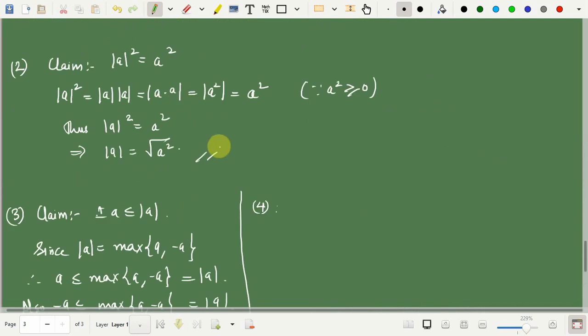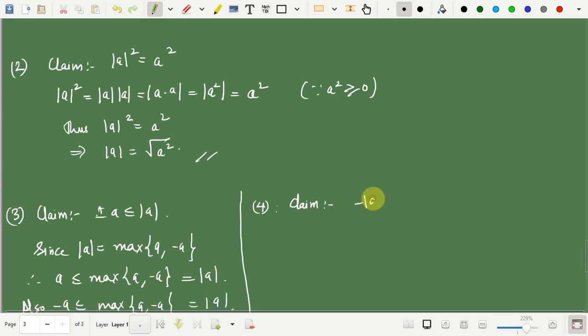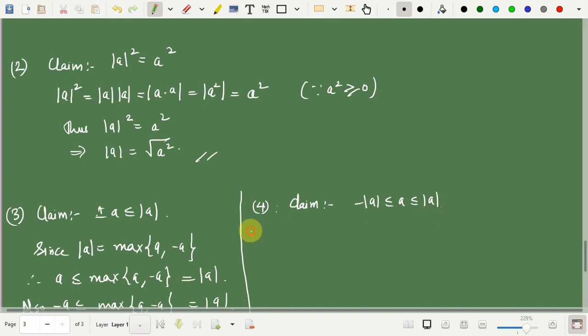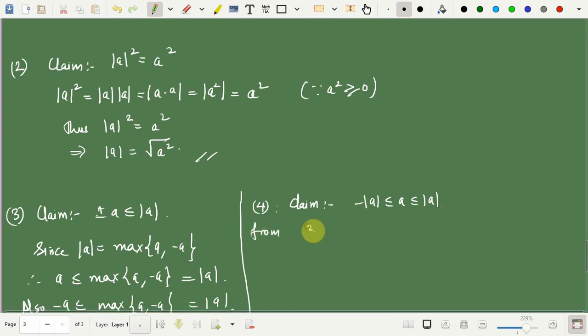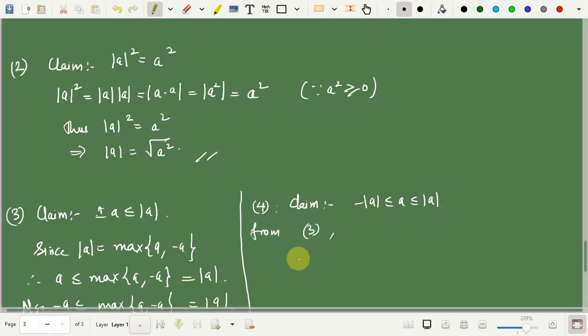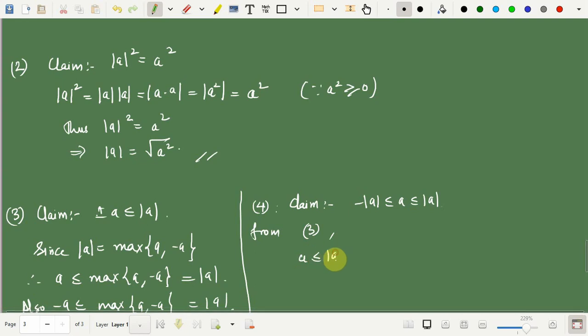So, I would write down here the claim. What exactly we want to show is that minus of mod of a is less than or equal to a, which is less than or equal to mod of a. So, from 3 we have a less than or equal to mod of a. So, that satisfies this part, and minus a less than or equal to mod of a.